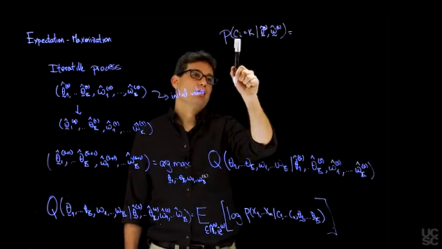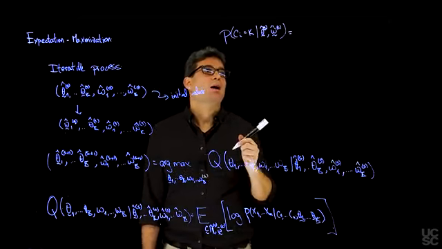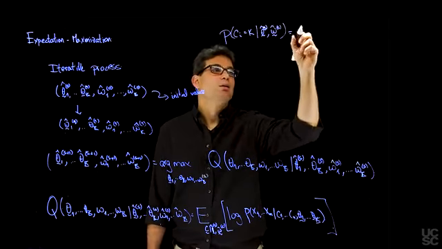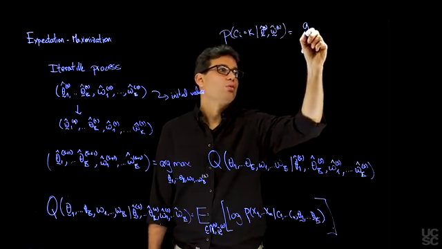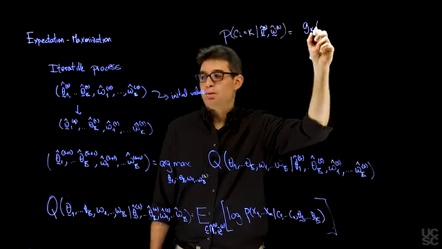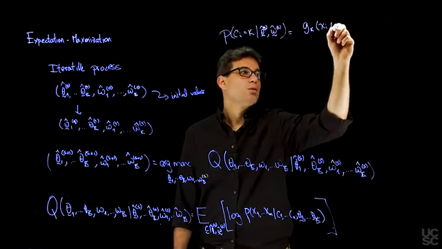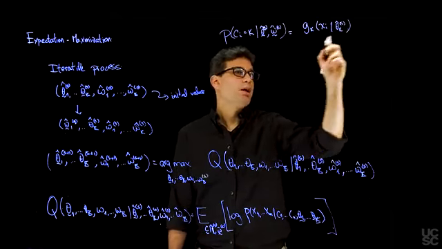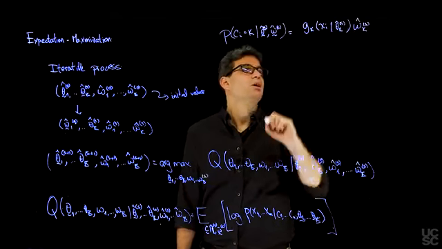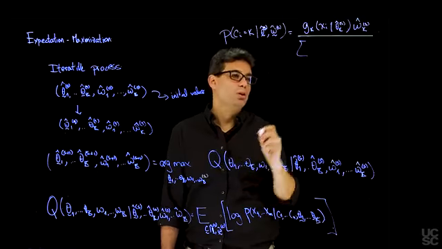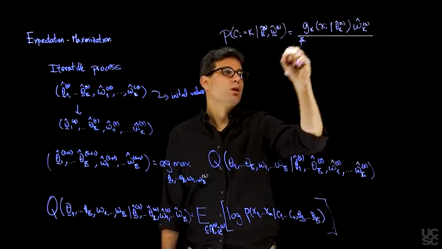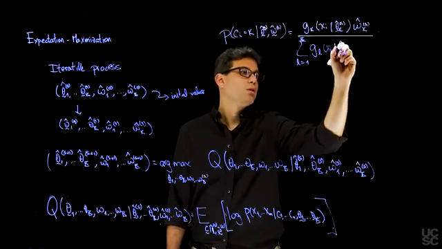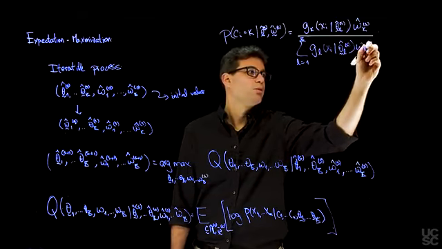The probability that C_i is equal to k given the parameters and the data is the probability of the data given that C_i is equal to k, which just becomes g_k of x_i given my estimate θ̂_k^s, multiplied by the prior, that is ω_k^s, and then renormalized over all the components, so the sum from l equals 1 to K of g_l of x_i given θ̂_l^s times ω_l^s.